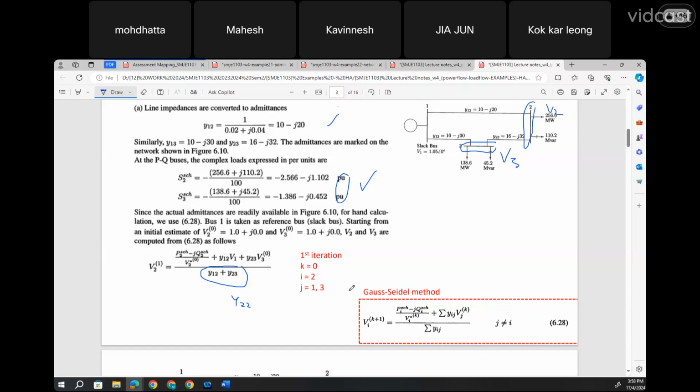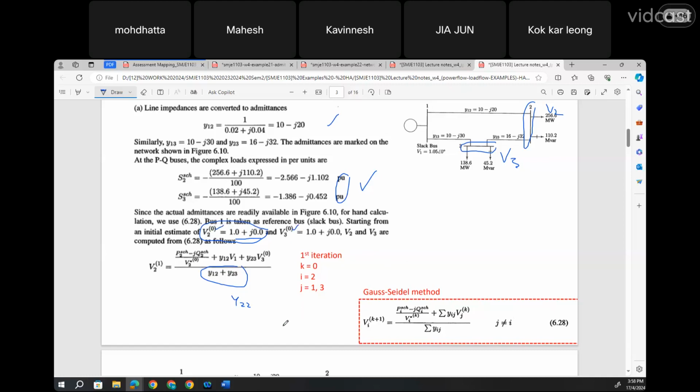The best way to start is by taking an initial estimation of 1 per unit value for V2 and also V3. So here, that's why you see V2 initial, V2 0, is 1 plus j0. It's the same as V2 is 1 per unit, and V3 is also 1 per unit for the initial values. And why is this initial value important?